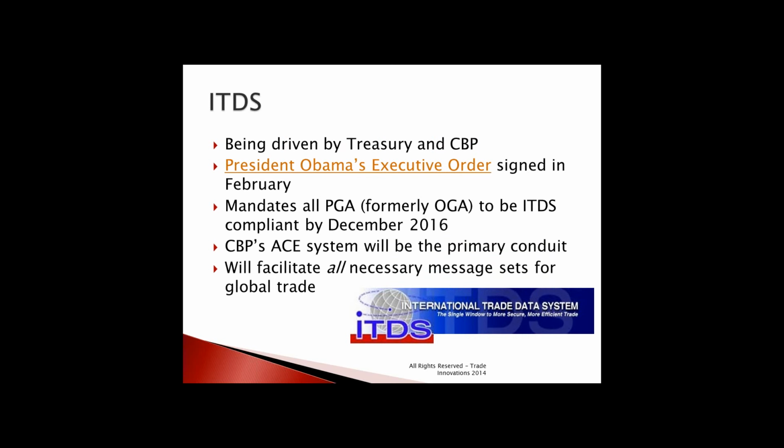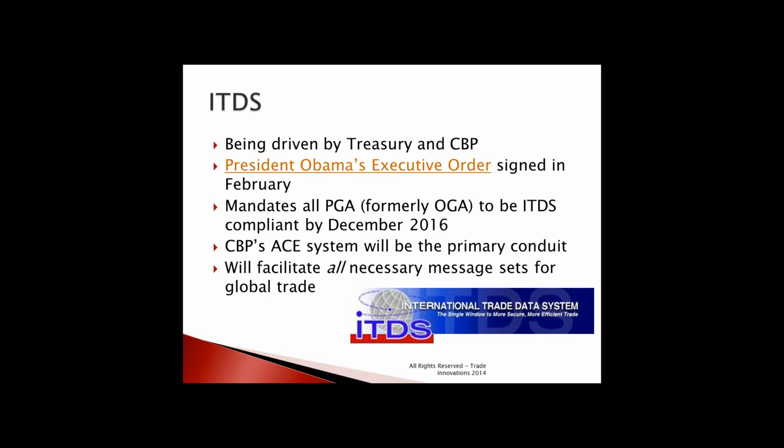So no longer will we have these disparate websites that have been set up perhaps by Fish and Wildlife. Today, if you have something that's controlled or regulated by Fish and Wildlife, you can't send the necessary declaration or certificate through the current ACE or ABI platform that CBP maintains. You have to go to a separate FWS, Fish and Wildlife Service website, and complete the information.